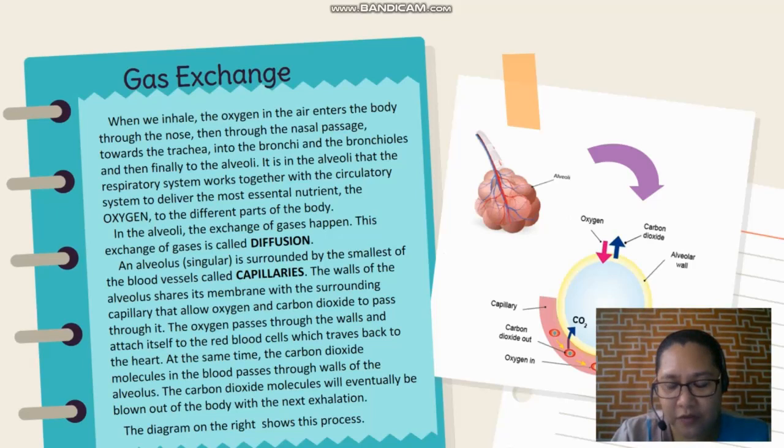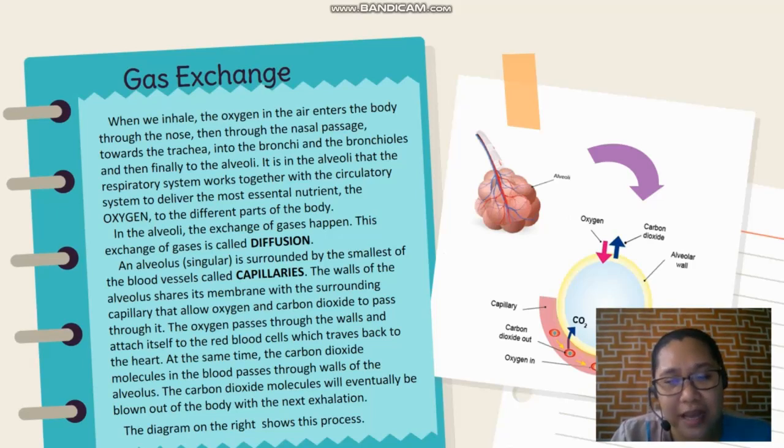Oxygen from the alveoli passes into the capillary through diffusion, and at the same time the carbon dioxide in the capillary passes into the air sac, which will eventually be expelled from the body through exhalation.